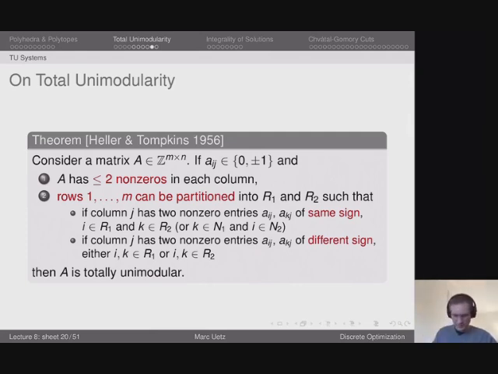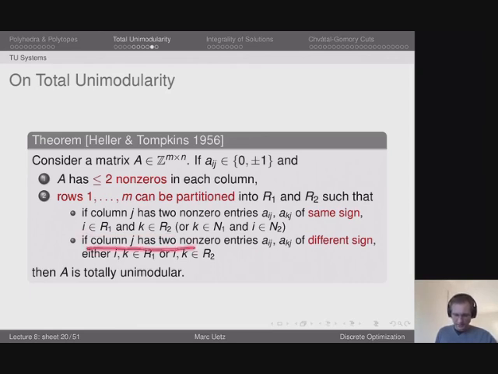And let me try to explain that. So what I have to do is I have to be able to partition the rows of the matrix into subsets R1 and R2 such that the following is true. I have at most 2 non-zeros in each column. And if I have 2 entries in one column which have the same sign, so +1 or -1, then they must appear in different parts of this partition.